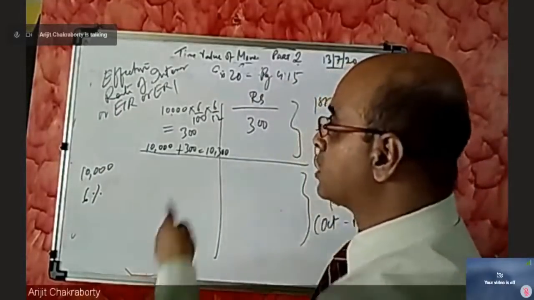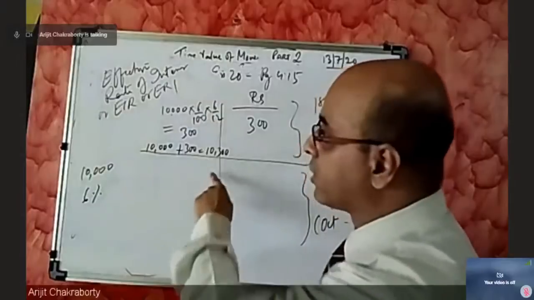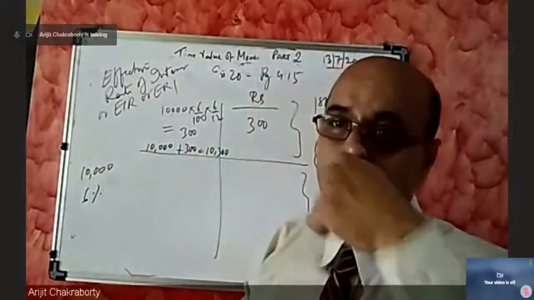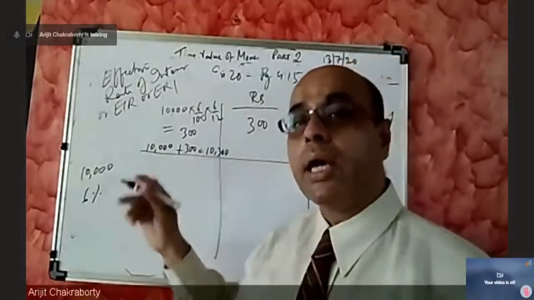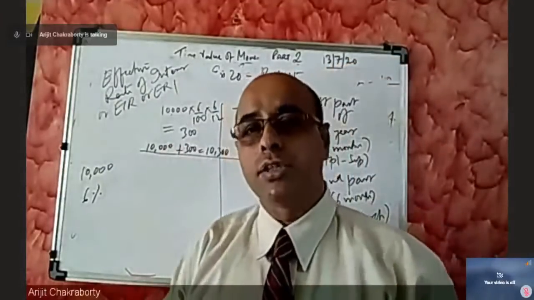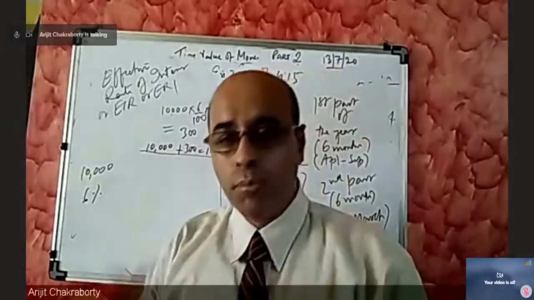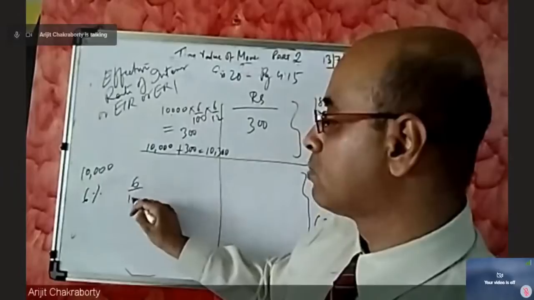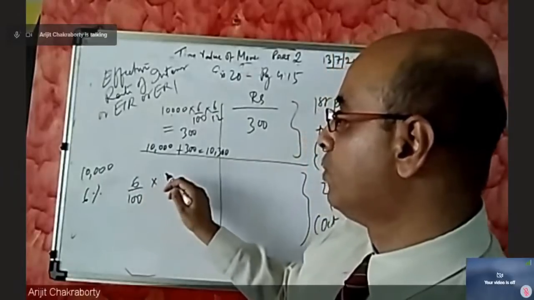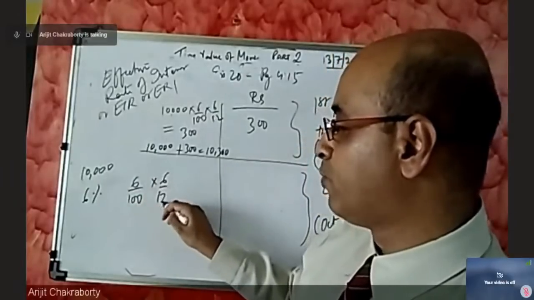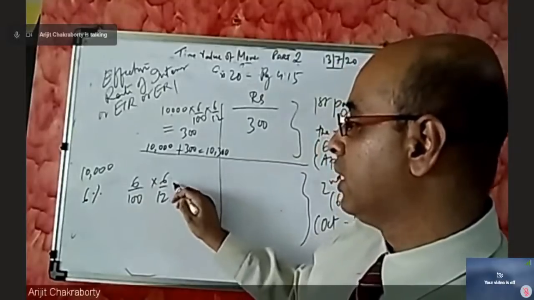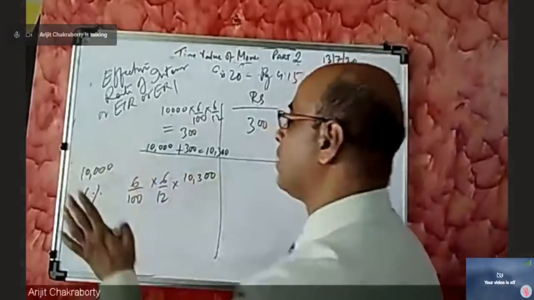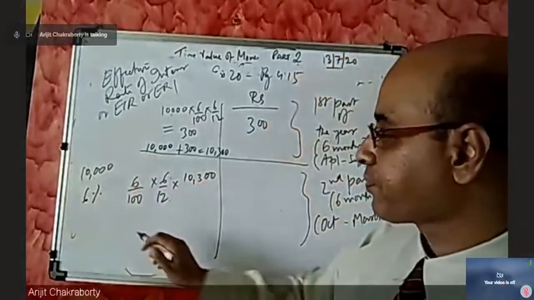This time the principal has become 10,300. So the interest on the new principal of 10,300 for the next 6 months will be 6 by 100 into 6 by 12 into 10,300, because the new principal is 10,300.